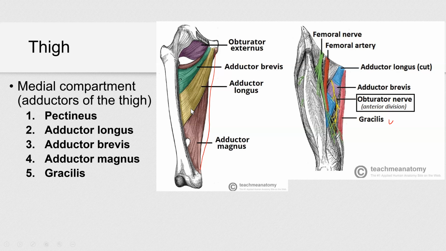Those are deeper muscles, and especially adductor magnus. It's a large muscle. You can see a part of it shown right here. All right. Superior to these muscles, we have obturator externus. That is not on our list. I just think it's worth mentioning it.